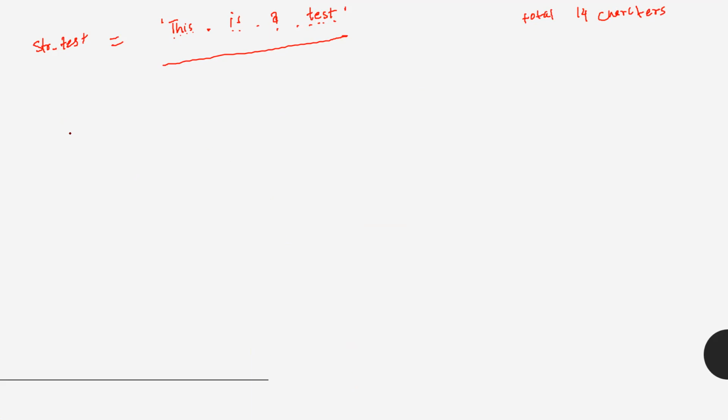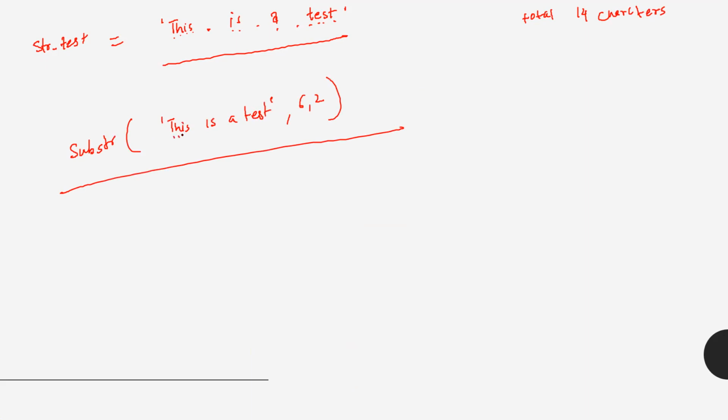Now let's suppose I'm doing this. What would be the result? Start counting from the beginning. 1, 2, 3, 4, 5, 6.